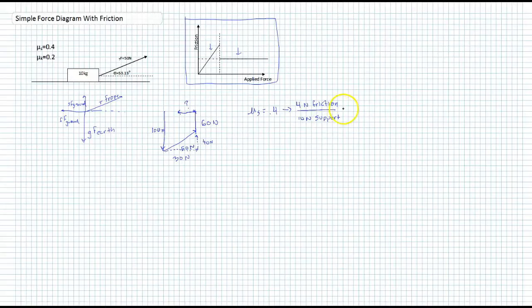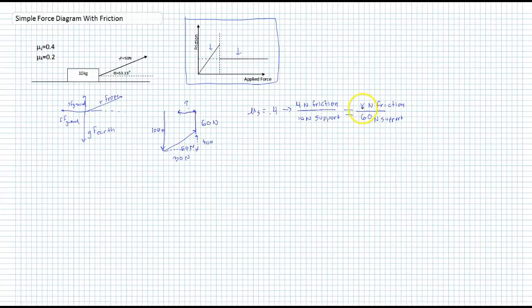Now, this ratio is constant, so I'm going to use some proportional reasoning here. If I have 60 newtons of support, I can use this comparison to figure out how much friction I have. I'll just use x. I'm testing to see if I have enough friction.